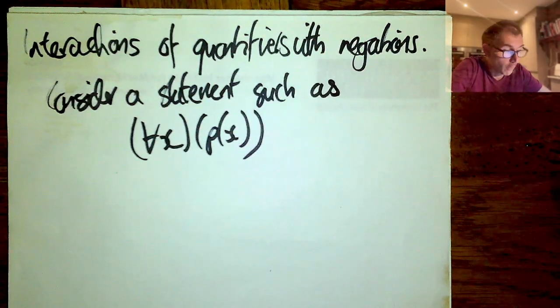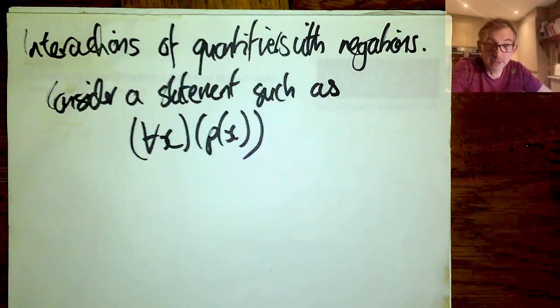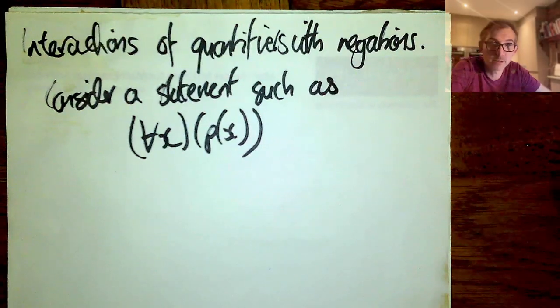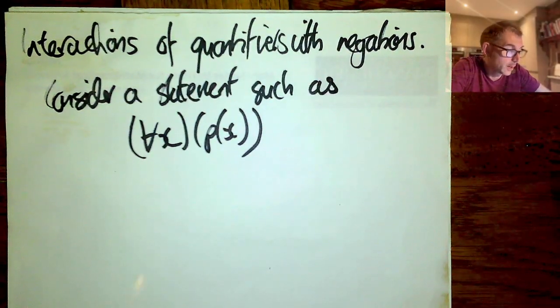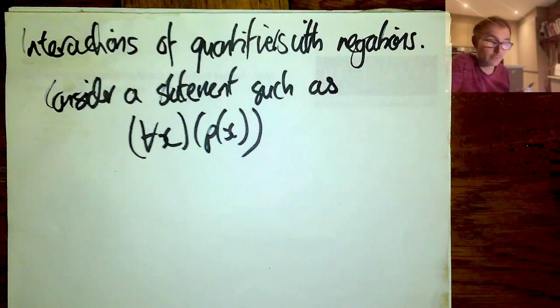It's going to be for all x an integer, some predicate p of x is true. It could be, for example, if you set it up correctly, p of x could say, well, given any prime number x, there's another prime number that's even bigger than it. So this captures the idea that there are infinitely many primes. And we'll see on one of the tutorial sheets exactly how to do that.